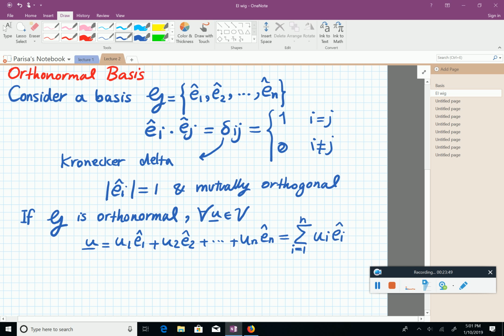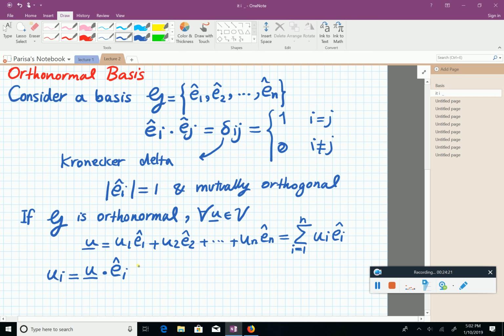What is easy if this is orthonormal is how you get the components. How do I get the components? If I just get the vector and I use the dot product, which I just introduced a few minutes ago, with the ith element in the basis, then I'm going to get the ith component.